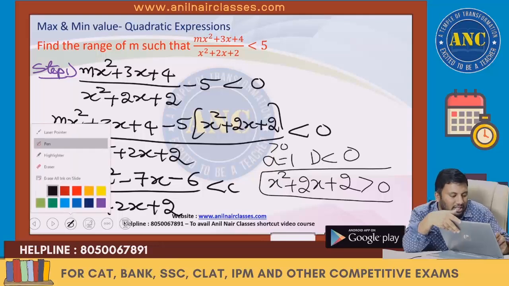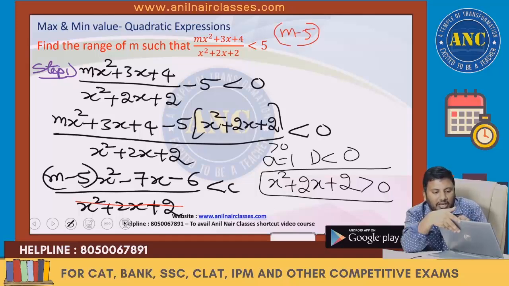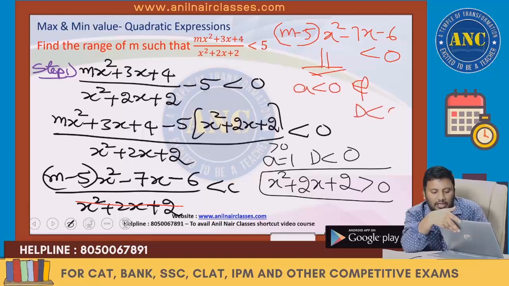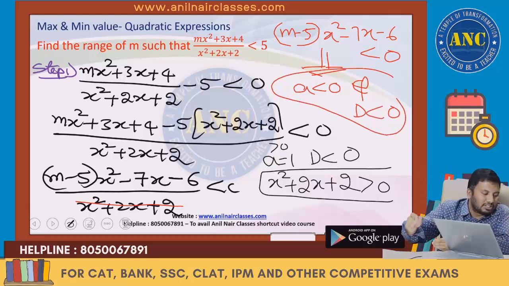If this is positive, then the numerator must be negative. That means (m minus 5) into x square minus 7x minus 6 is less than 0. When an expression will be less than 0, a is less than 0 and d is less than 0.